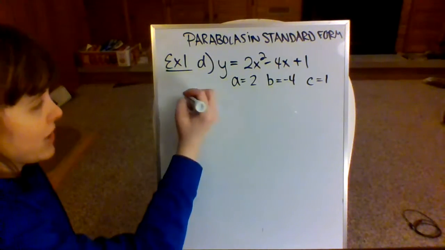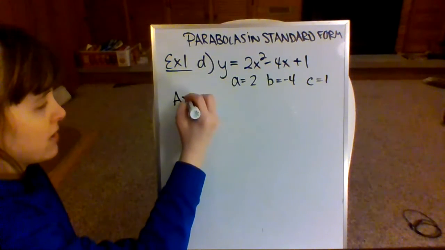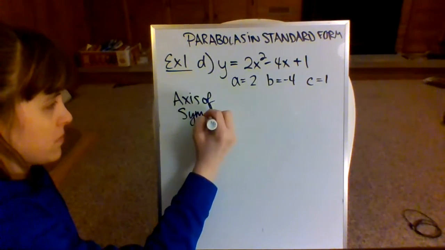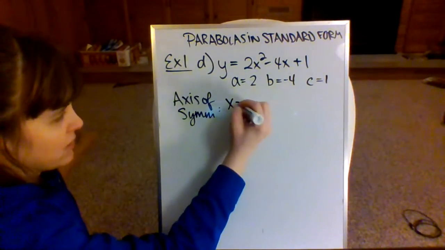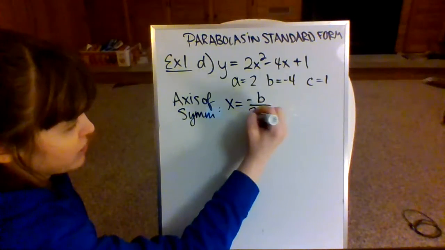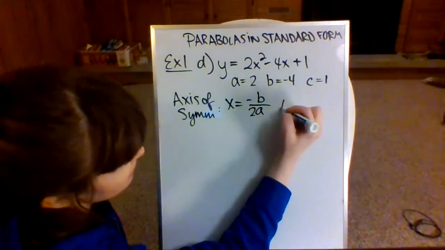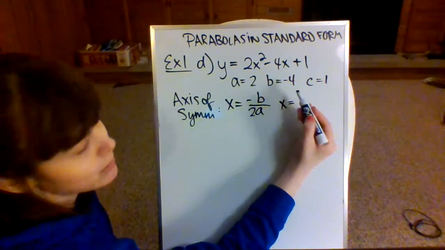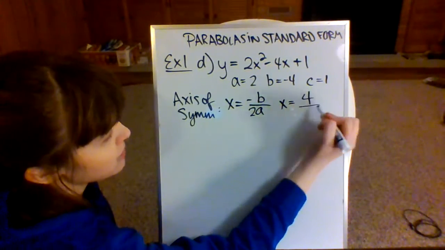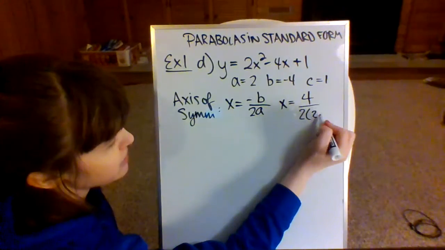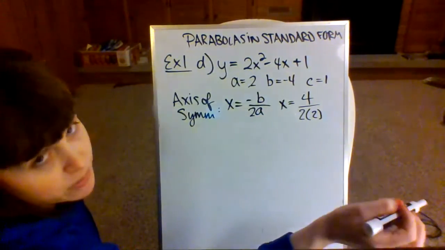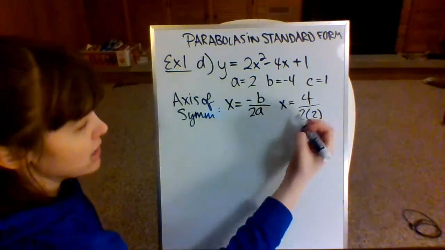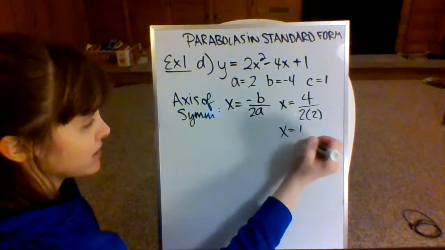If we think about our axis of symmetry equation, that was x equals -b divided by 2a. So we're going to have x equals the opposite of -4, so we want to pick 4 divided by 2 times 2 because the a value is 2. Okay, so 4 divided by 4 equals 1. So x equals 1.